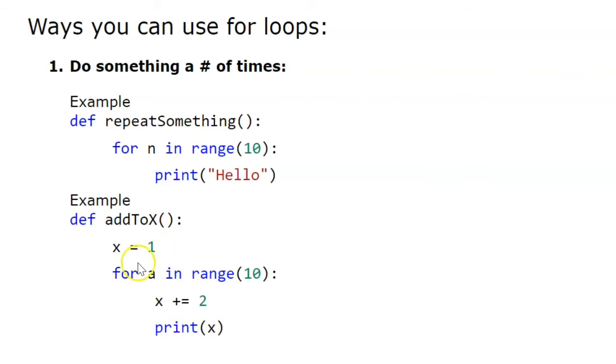This is just a placeholder for whichever value you're on. So for example, if I wanted to repeat for the range of 10, then n would start at 0, then n would be 1, then 2, then 3, then 4, then 5, etc. And same thing for a. So you can call it whatever you want.